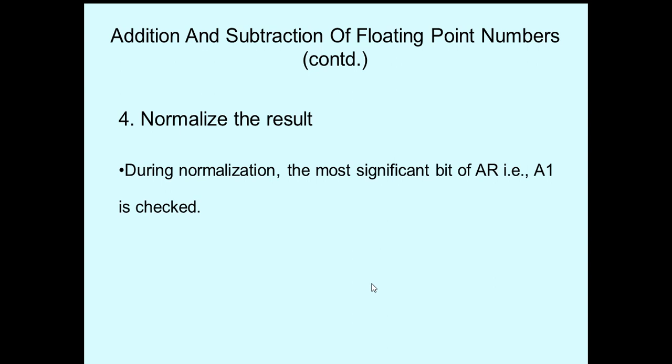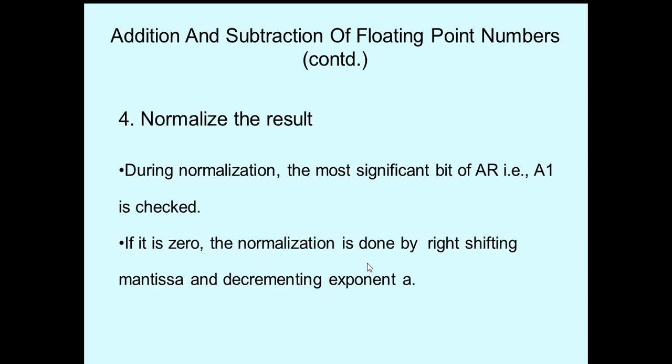During normalization, the most significant bit of AR should be 1. So A1 is checked. If it is 0, the normalization is done by shifting the mantissa and decrementing exponent A. And if it is 1, the result obtained is final.